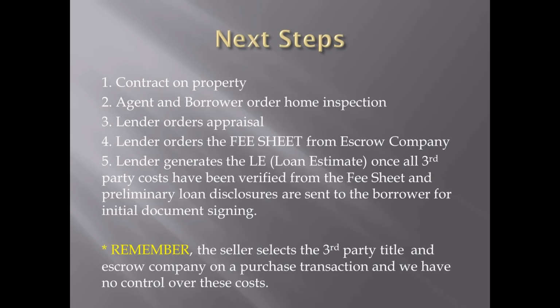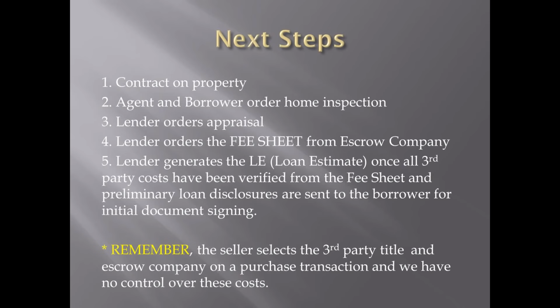But before we request the preliminary loan disclosures, we always request what's called the fee sheet from escrow. That used to be a copy of the estimated HUD closing statement, but now we have them send us a simplified fee sheet.